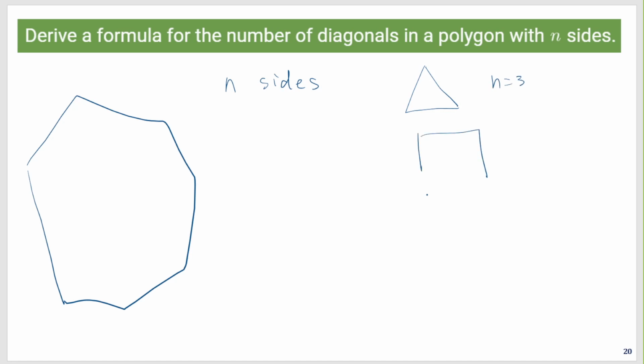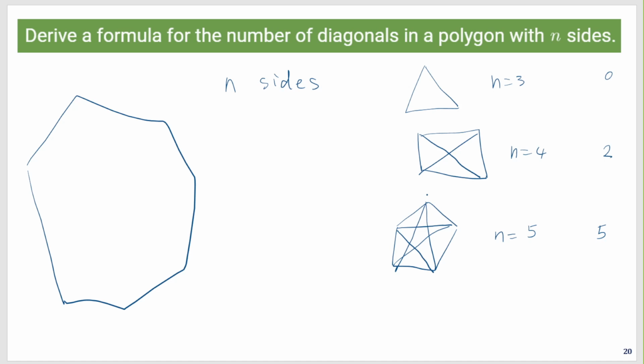If n equals 4, we have 1, 2, right? If n equals 5, we could have 1, 2, 3, 4, 5, right? So how about in general, when you have n sides, how many diagonals can you draw inside the polygon?